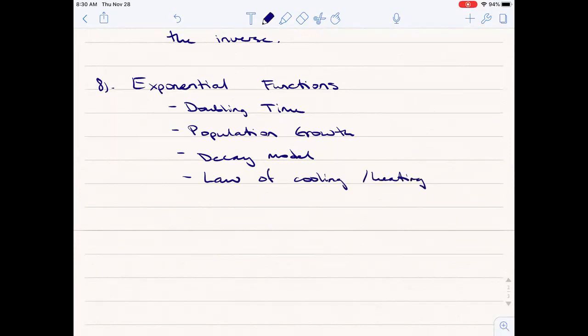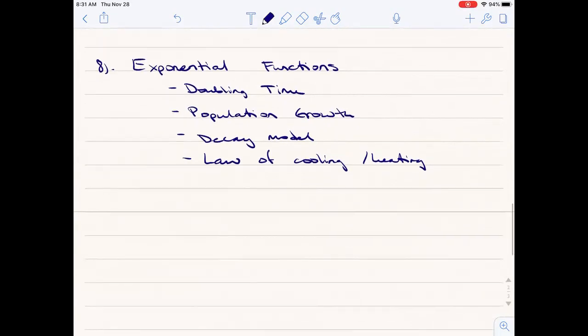All those things are kind of under exponential functions, right? Again, which one of those? Yeah. So it's just one question, so it's going to be one of those, which I'll highlight.